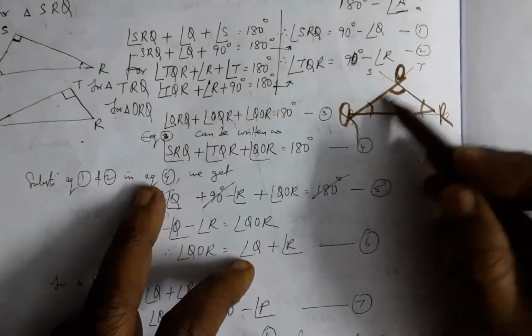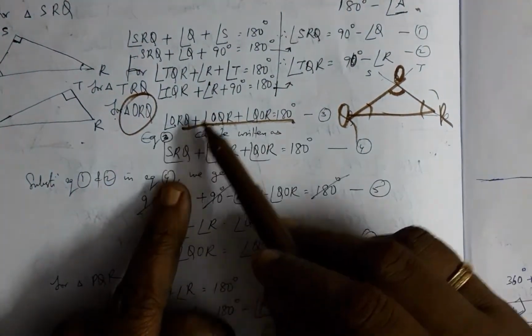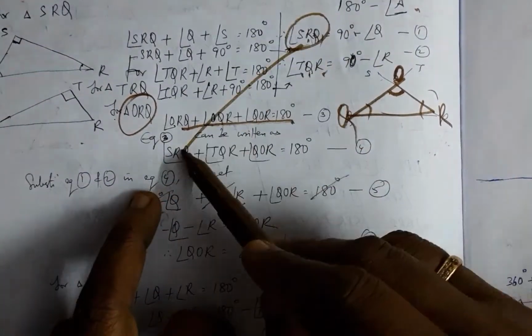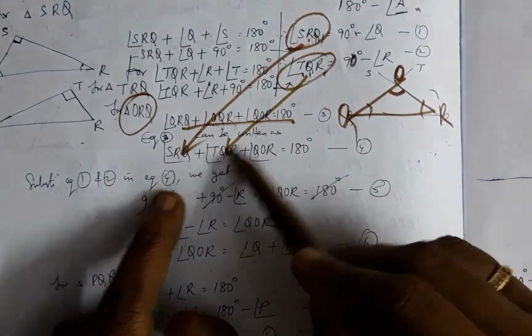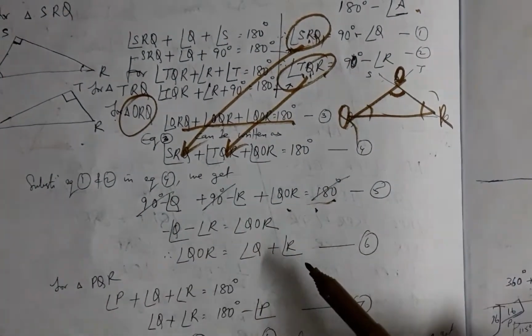You can see for this triangle again I place the angle sum property, and now I substitute these values for SRQ and TQR, and I obtain QOR.